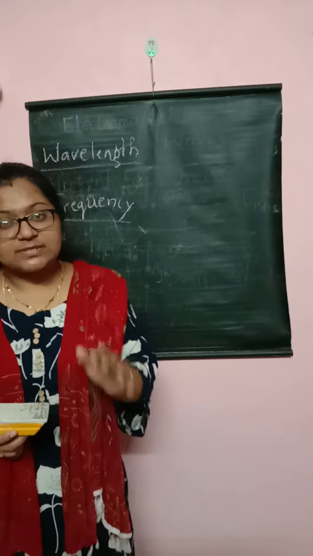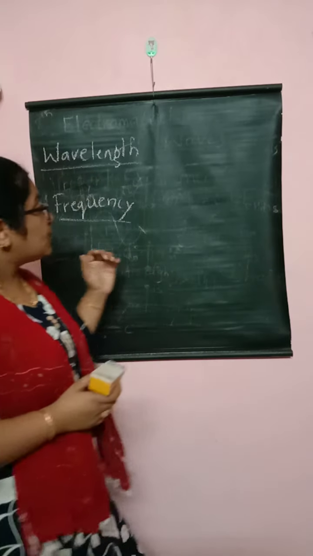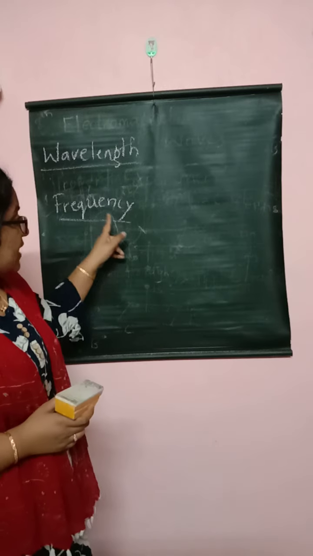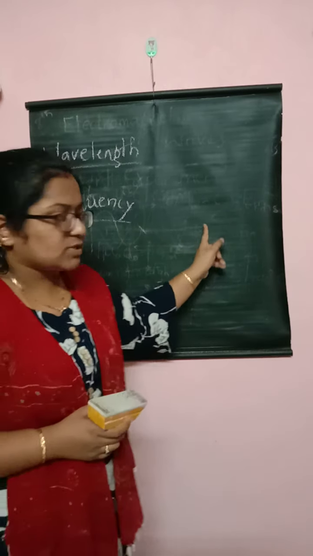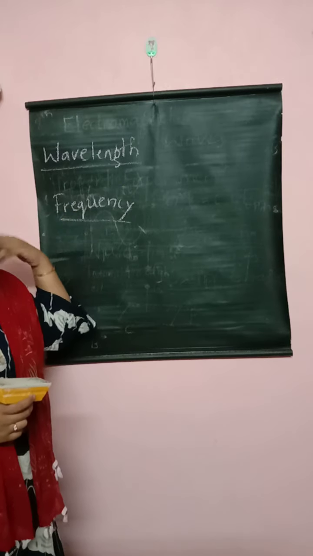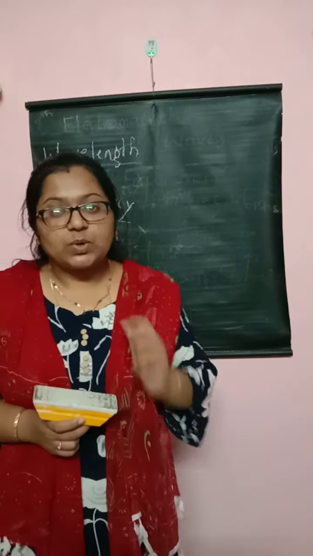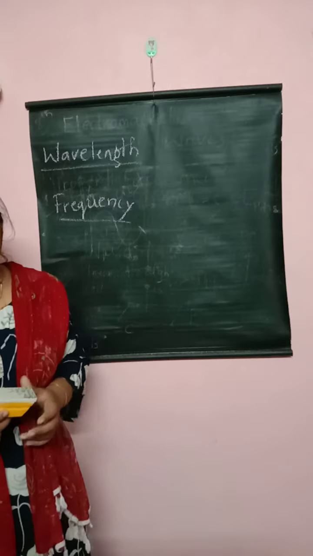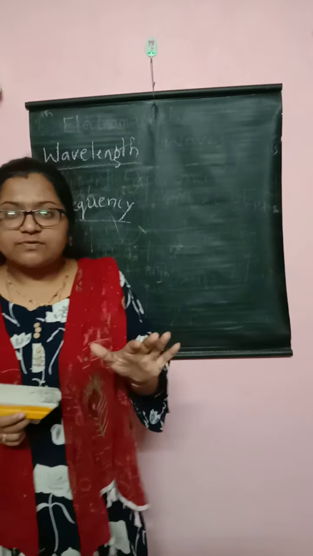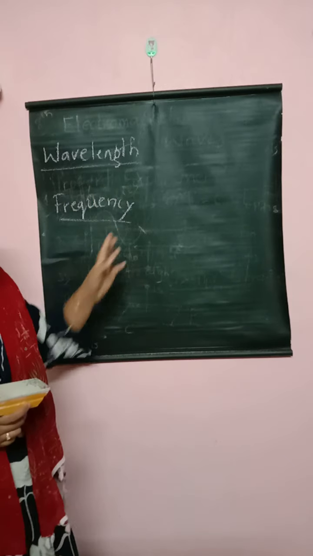Time taken to complete one full cycle is called time period, and the number of cycles completed in 1 second is called frequency, and the distance between two consecutive troughs or two consecutive crests is called wavelength. Okay, so commonly all the waves will be possessing these properties.